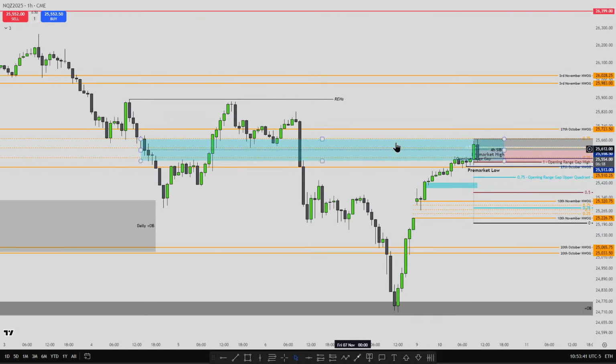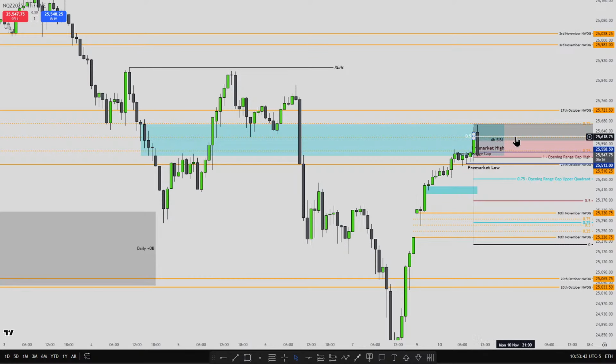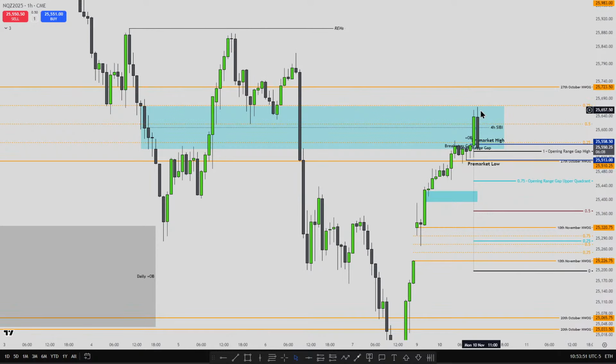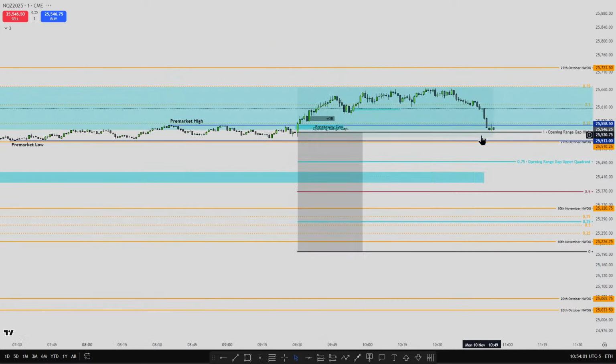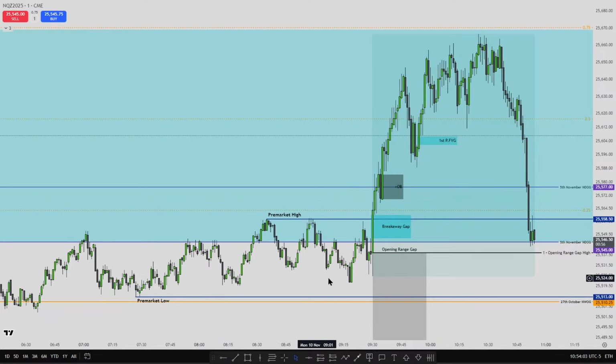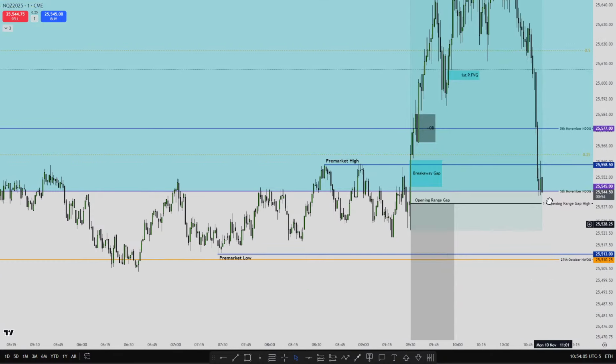We said our target would be the 4-hour SIBI's high, and I'm just going to remove this stuff. It was nearly to the tick. It just fell a little bit short of the upper quadrant from this new week opening gap. I think a retracement below some kind of sell side is probably the next move. The pre-market lows are very engineered lows, so that's probably going to be next.